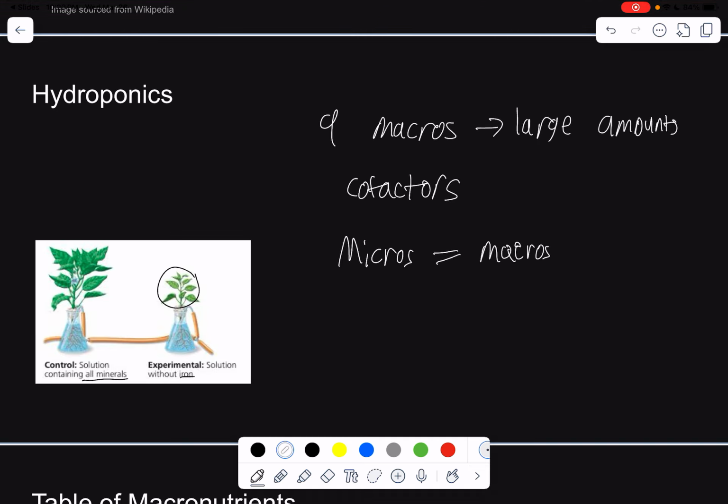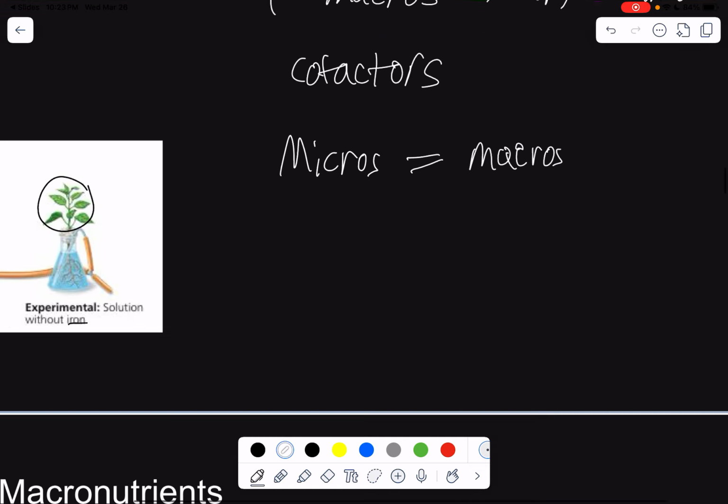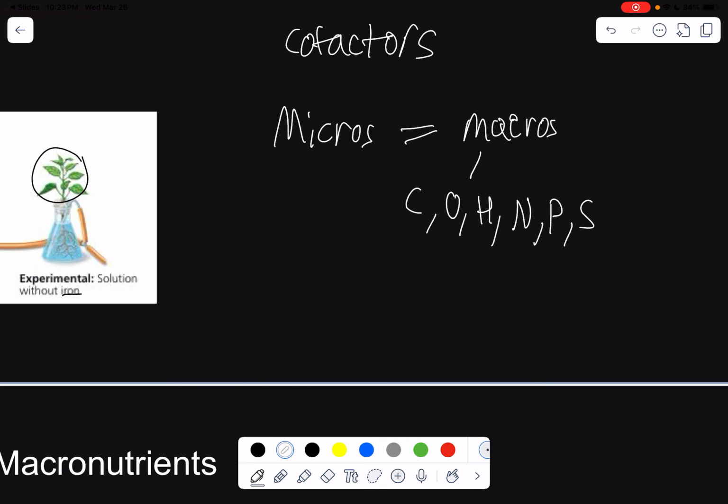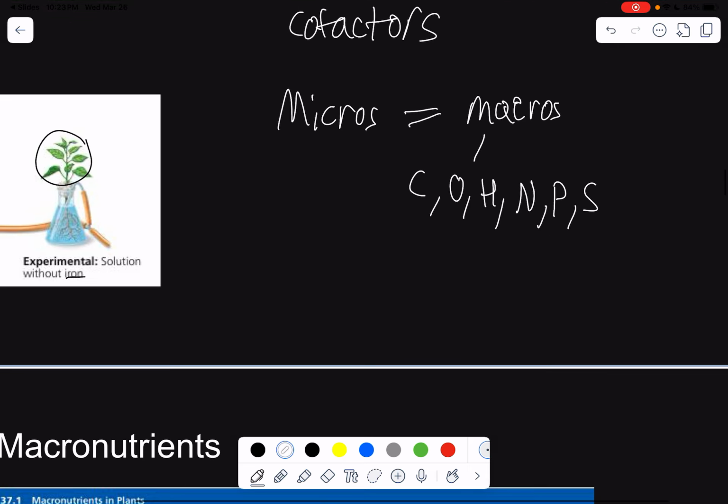And so 6 of these macronutrients are the familiar or major components of organic compounds, which are carbon, oxygen, hydrogen, nitrogen, phosphorus, and sulfur. And the other 3 nutrients are potassium, calcium, and magnesium.